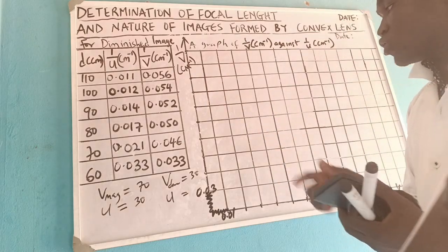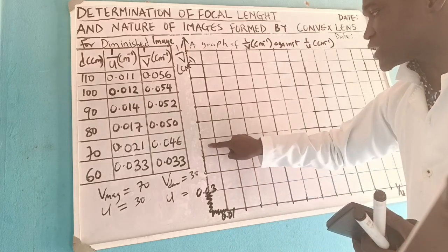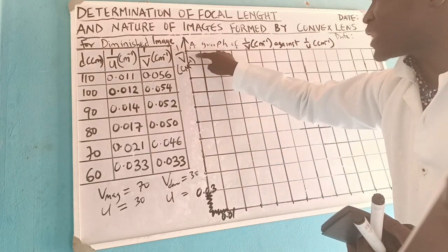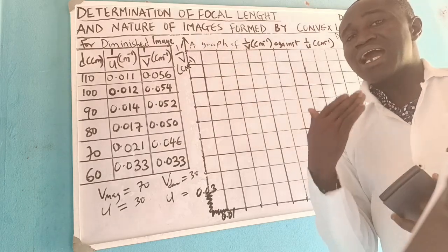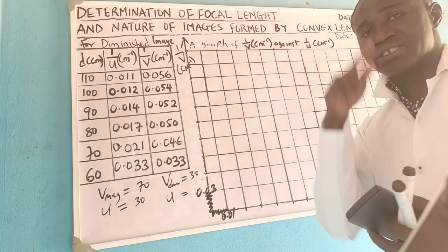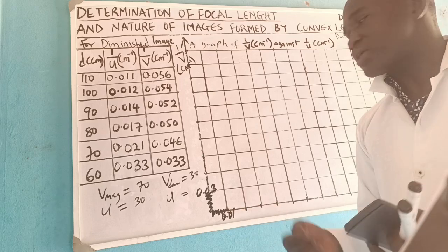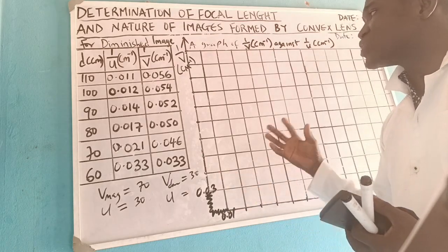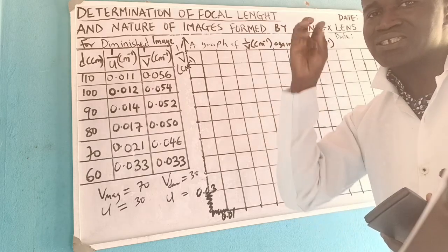So what do you do for you to know what to do? You count 1, 2, 3, 4, 5, 6, 7, 8, 9. We have 9 boxes. In your standard graph sheet, it is in big boxes containing 10 small boxes. But this is just a sketch of the graph, not the standard graph sheet.